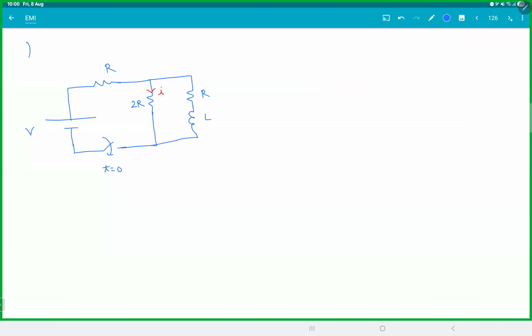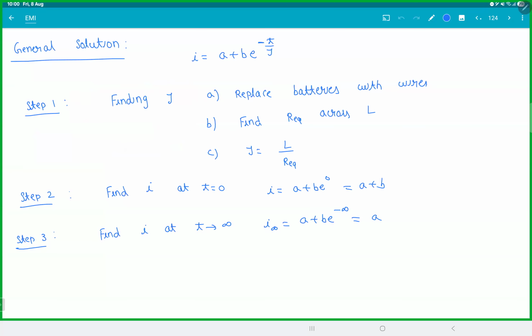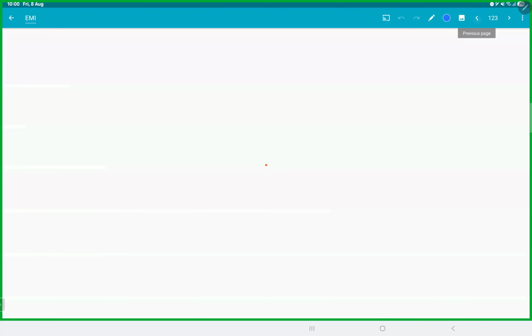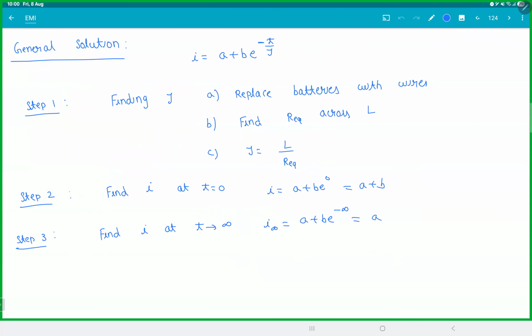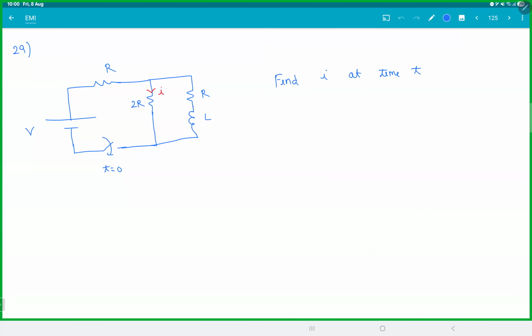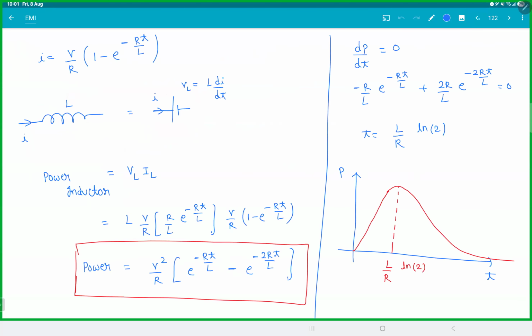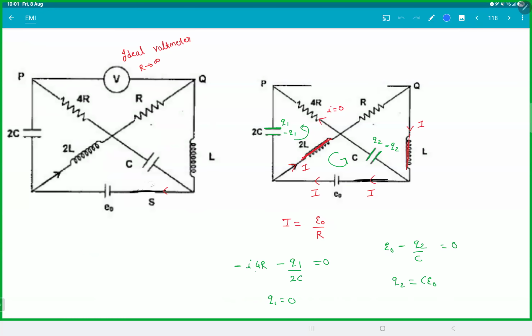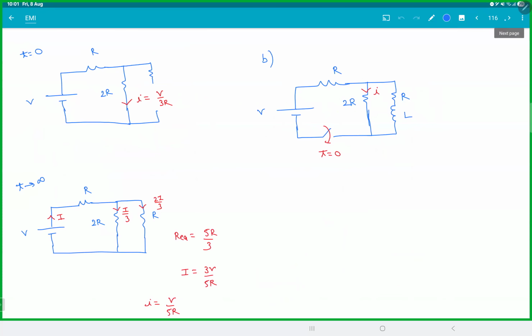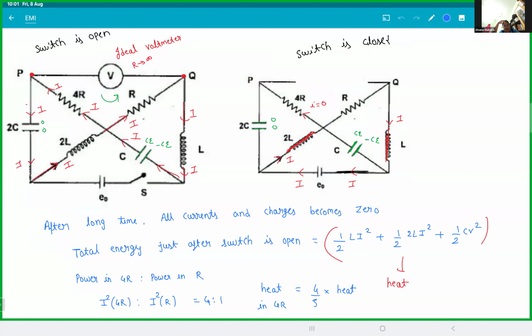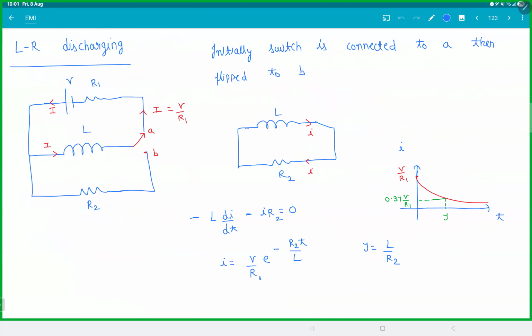Which one are you talking about? I'm confused. Okay, let's see. Are you asking about the steady state? Yeah, T0 and that one. You sent it long back, I missed the message.